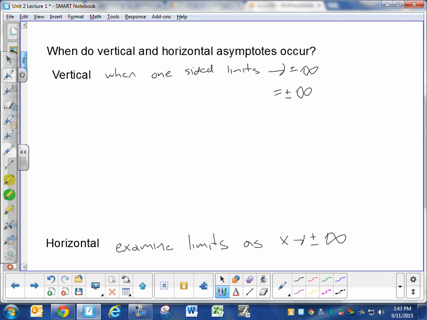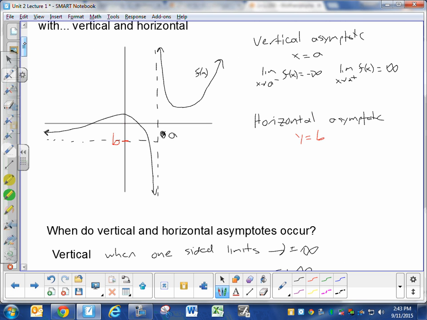So in this example here, I would say we have a horizontal asymptote at y equals b because the limit as x approaches negative infinity of this function is equal to b. As I'm getting further and further to the left with my x's, with my inputs, my function values are getting closer and closer to the value b.